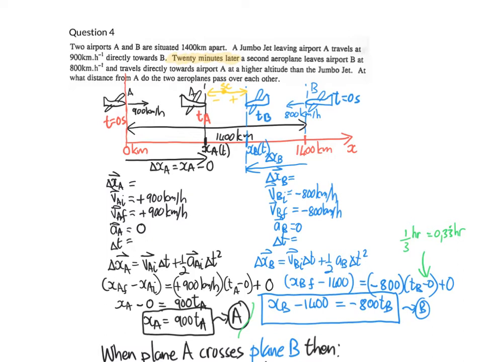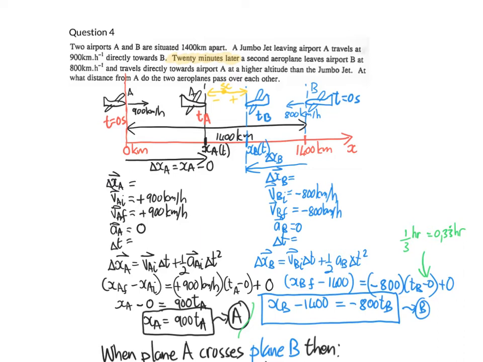So expect a value bigger than 738 kilometers, and you should, if you've done the problem correctly, get a value bigger than 738 kilometers. And aircraft B would obviously travel a shorter distance before it meets A, because A would have traveled further.